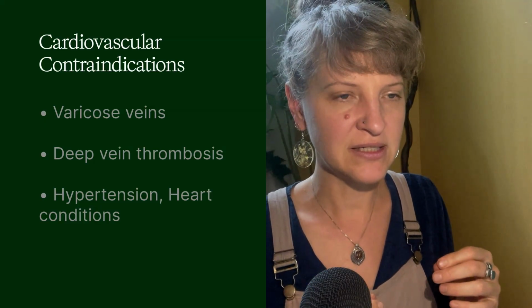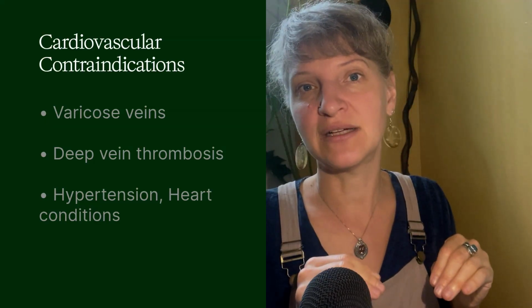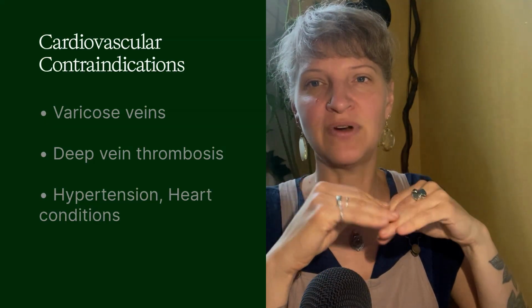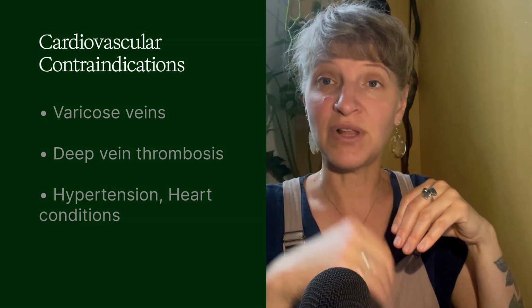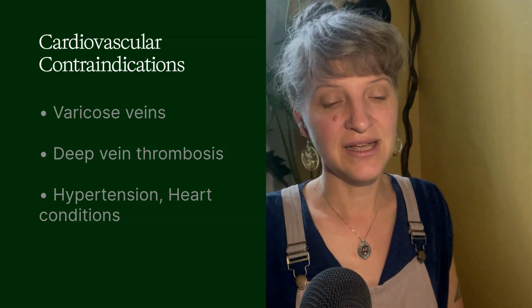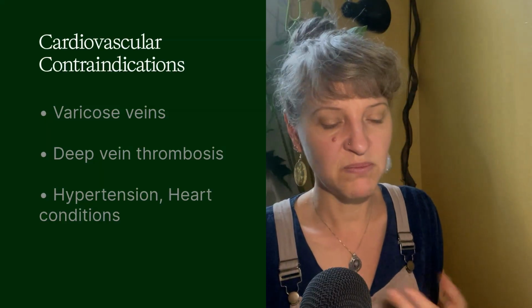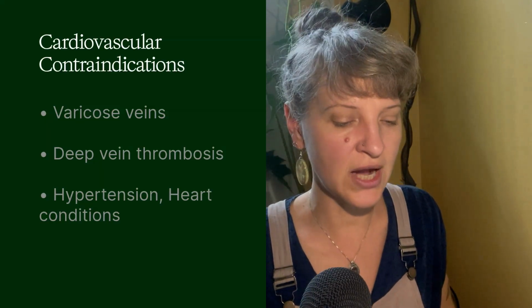It happens because the valves in the veins weaken, so the blood pulls back. The blood goes up, right? When the valves get weak, the blood goes back and gets stuck, and it gets swollen, and people can get blood clots because the blood is sitting there and will start clotting.